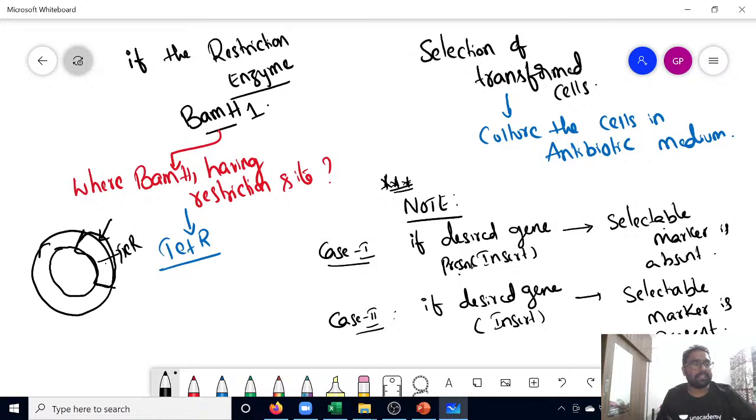Now if the insert is not present, tetR is active. Please mention in the chat box. If you know this, the next topic becomes very simple to understand.